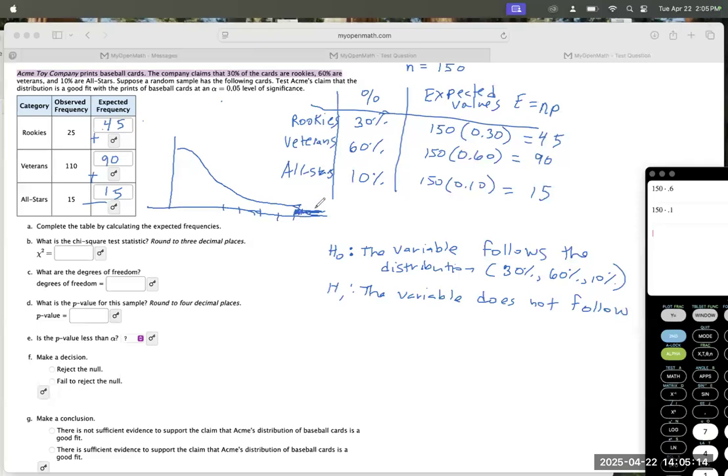And the smaller that p-value is, the more evidence there is against the null hypothesis that it does follow that distribution. So let's go ahead and find out what that p-value is and what the test statistic is.